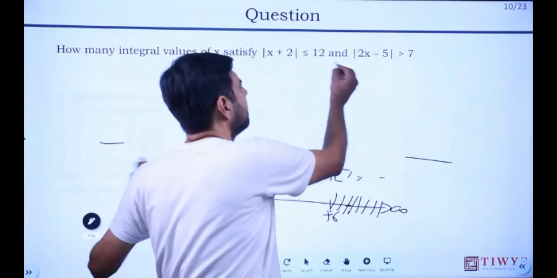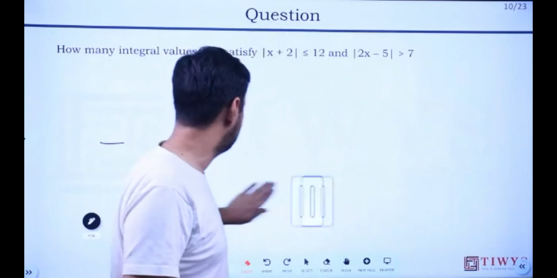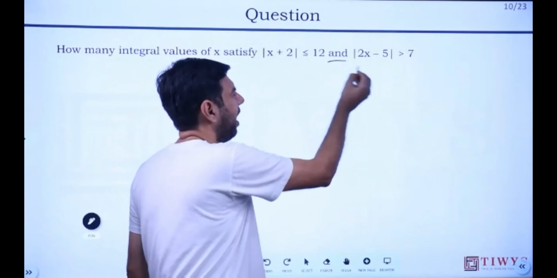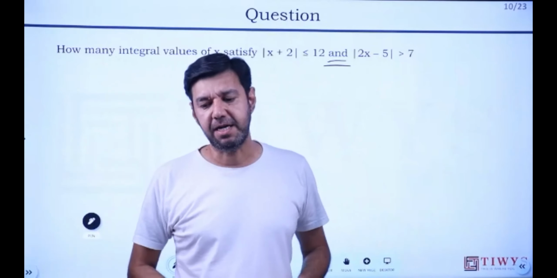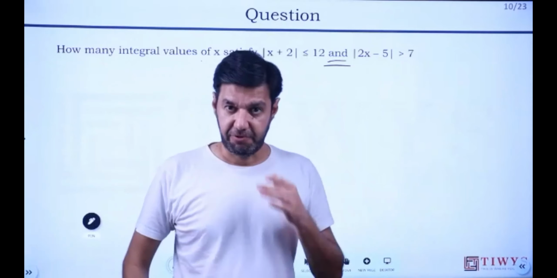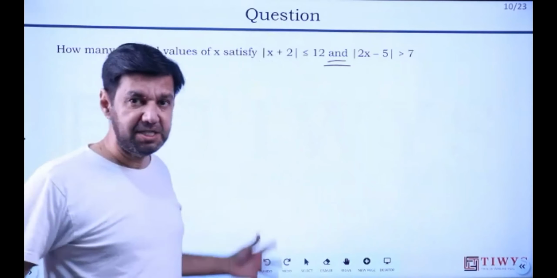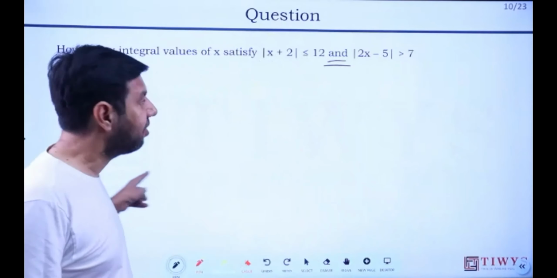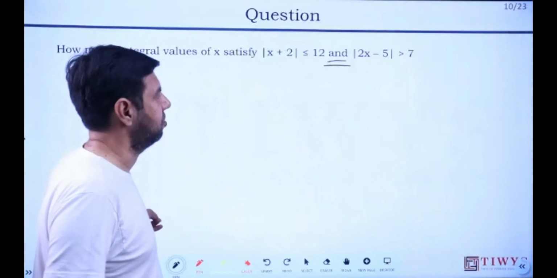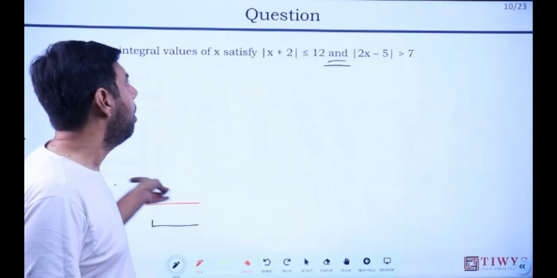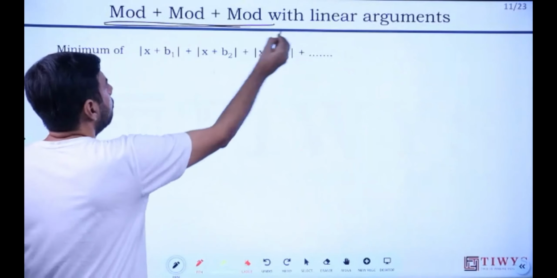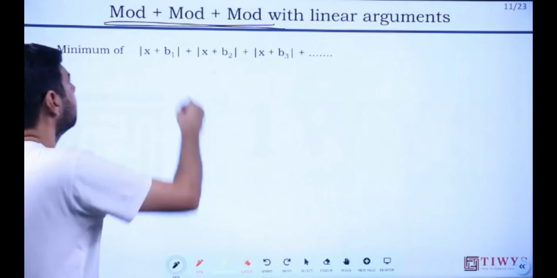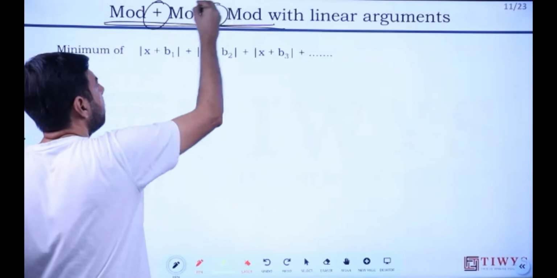And then obviously there's an "and". Now that "and" part, students, you should handle it in the inequality part. When given two different regions, you should be able to find the common region for that. We have a lot of things on our agenda, so we cannot really get slow or smart. Is it okay? So we left it with mod plus mod plus mod. One of the conditions over here is that all of them should have a plus.